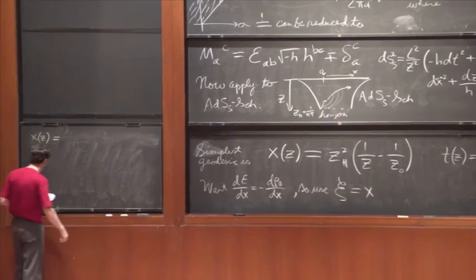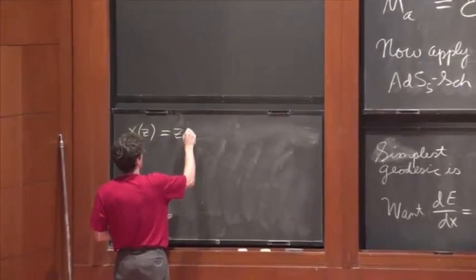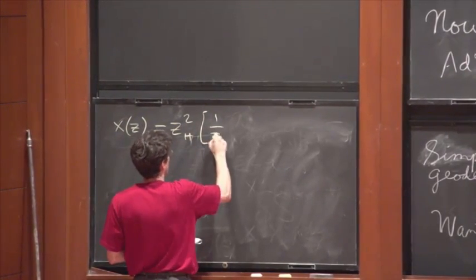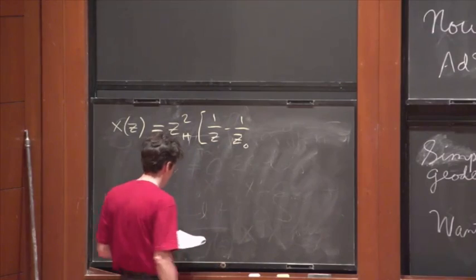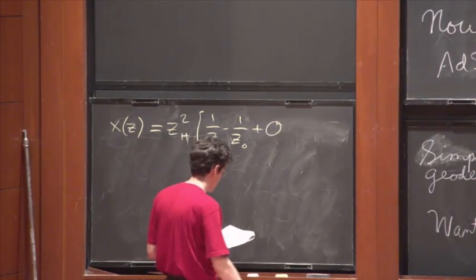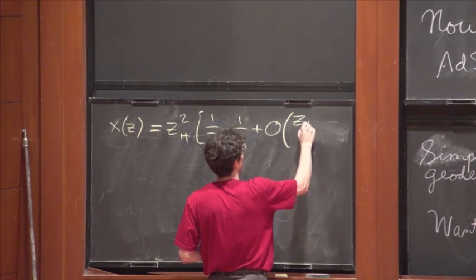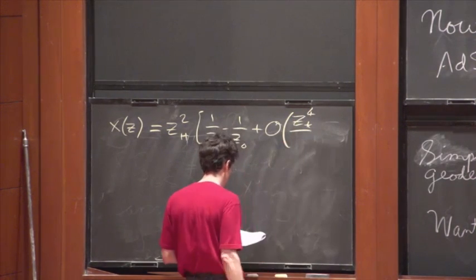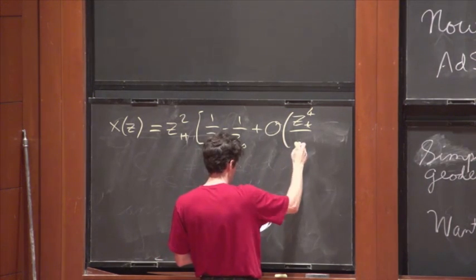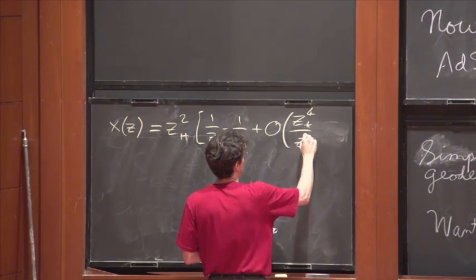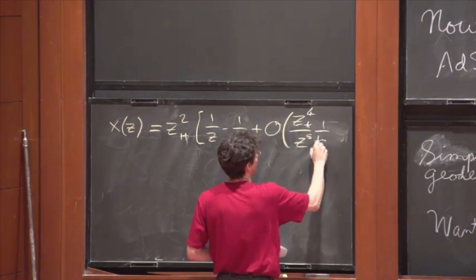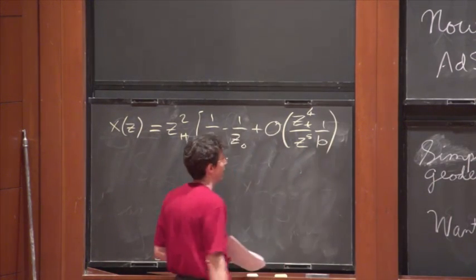The x of z that I wrote in answer to your question is the one that I said I was going to use all along, plus terms which at leading order are suppressed not just by the obvious factor of z star to the fourth divided by z, actually to the fifth, because it's in comparison to 1 over z, but also by a factor of approximately 10.